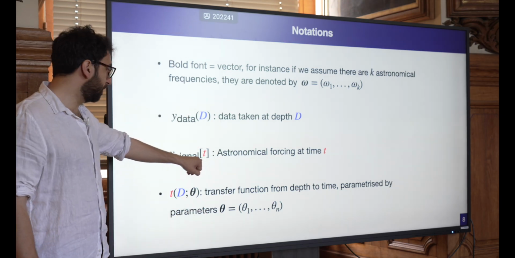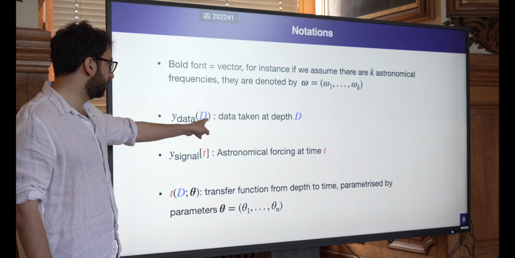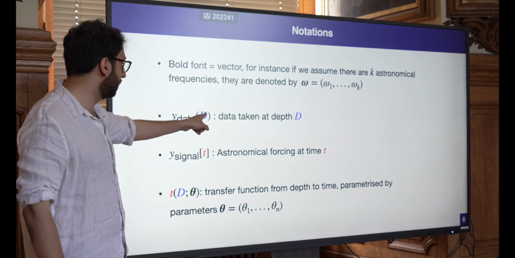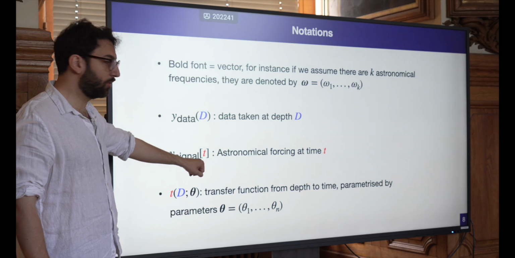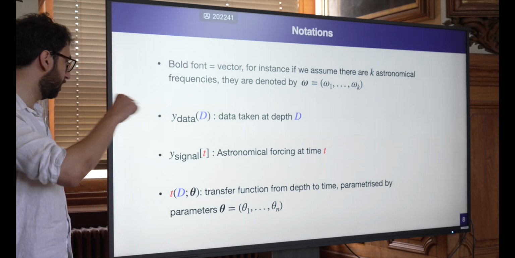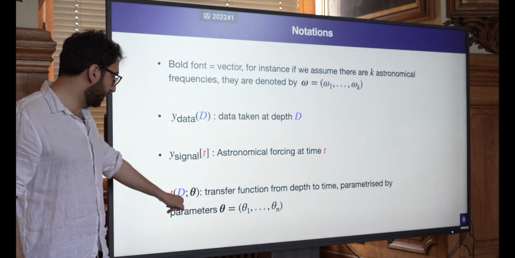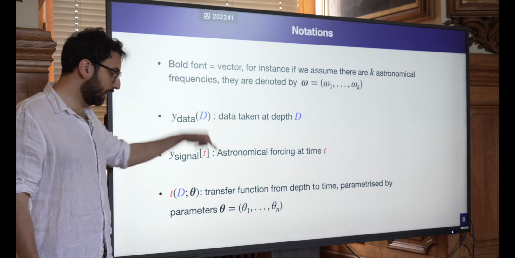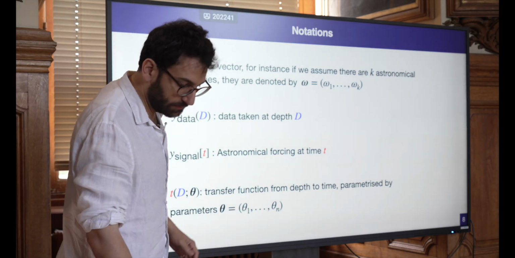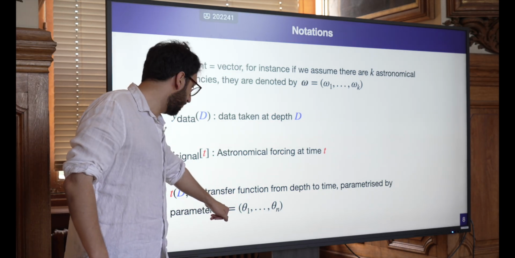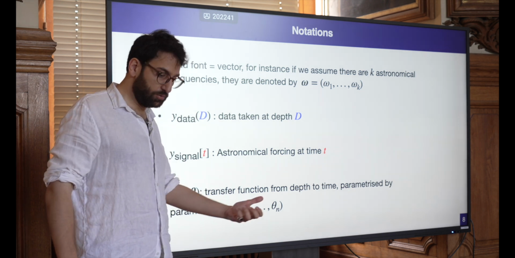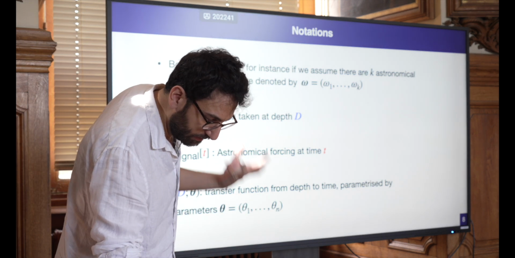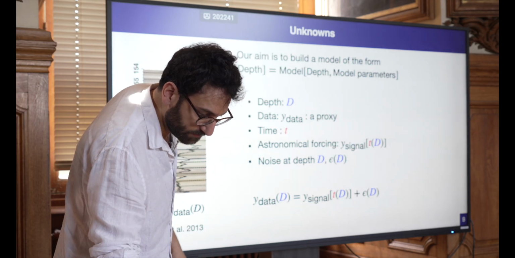This is the astronomical signal. Here you see that it might depend on d, the depth, or t, the time in the past. And t of d and of the parameters is the transfer function, which gives you the time as a function of depth. And these are the parameters that we will try to tune to estimate the transfer function.